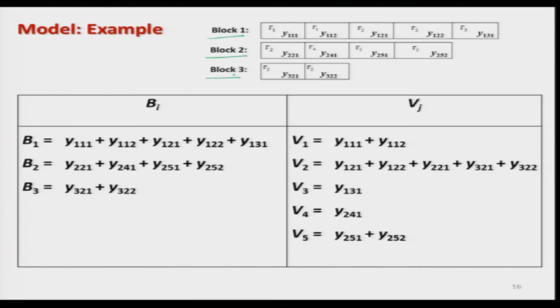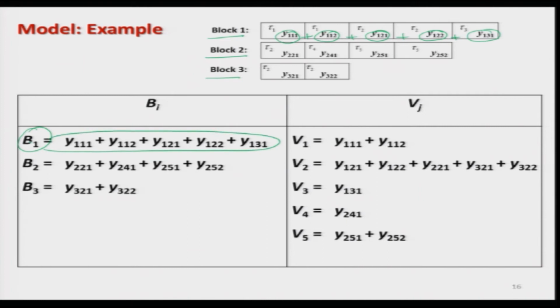For example, consider block number 1. You can see y111, y112, y121, y122, y131. These are the observations coming from the 5 plots in block number 1. If you simply add them together, this will give you the value of B1.